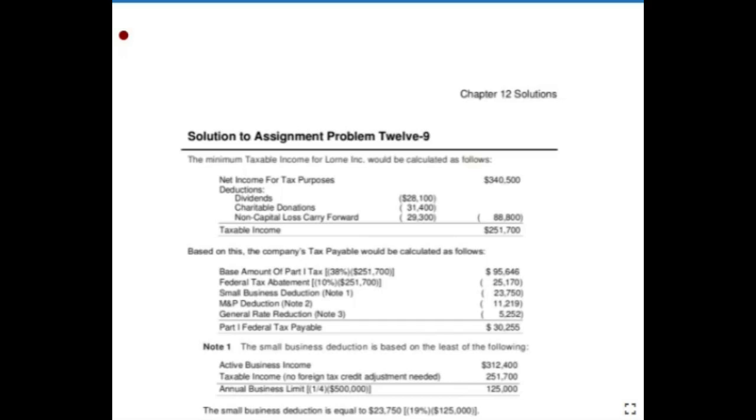This question is asking you to calculate taxable income and Part 1 federal tax payable for the company Lorne Inc. for 2020.